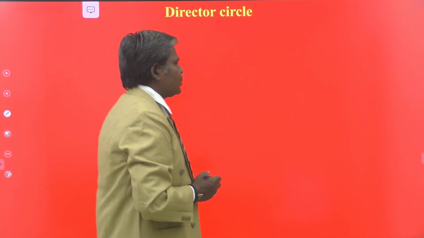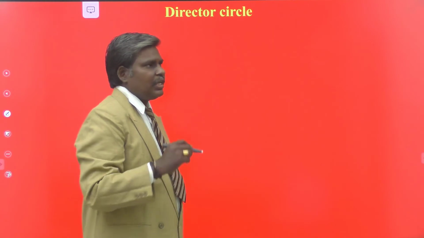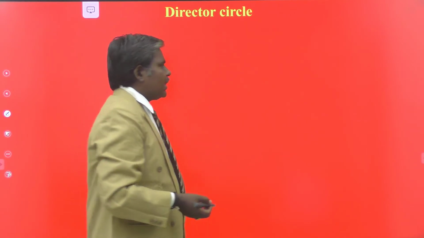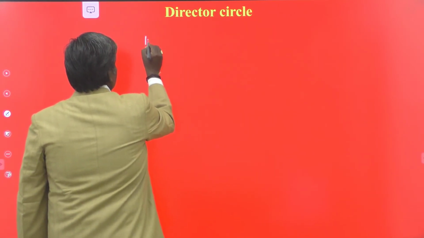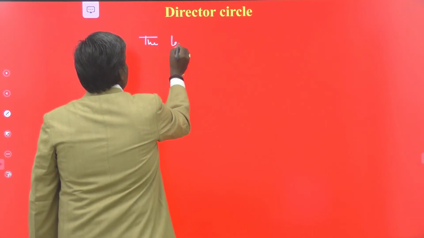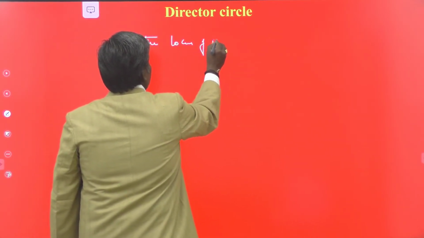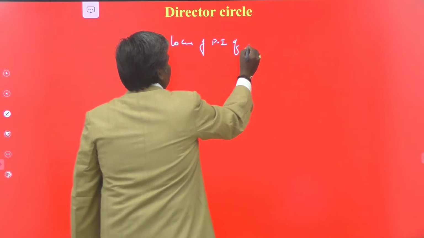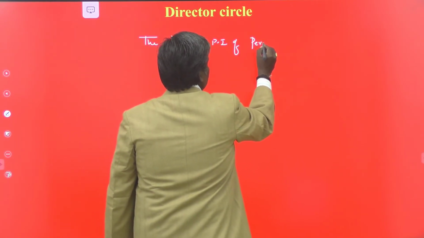Instead of ellipse, you just write hyperbola. So the locus of point of intersection of perpendicular tangents to the hyperbola is called the director circle. So the definition is the locus of point of intersection of perpendicular tangents.